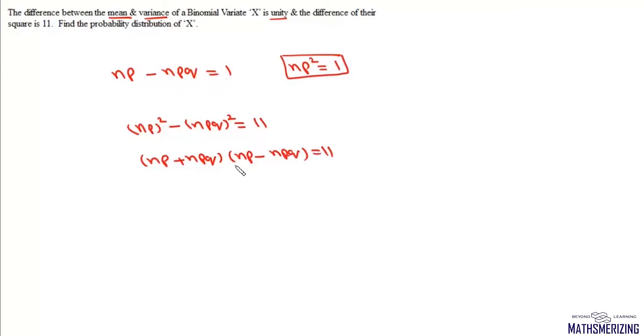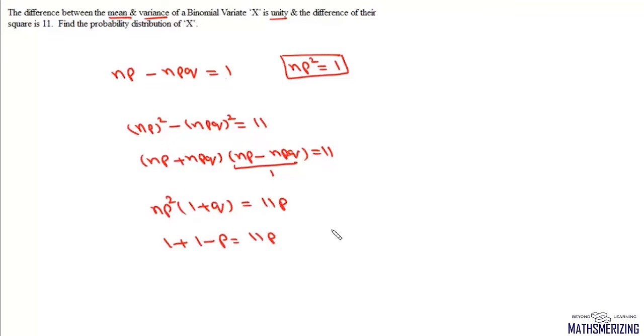Now this value, it is 1. So we can write this as 1, and this is np into (1 plus q), it is equal to 11. Now what we'll do is we'll multiply p both sides. So we can write np squared equals 11p, and the value of np squared is 1. So we can write 1 plus q is nothing but 2 minus p, and that will be equal to 11p.